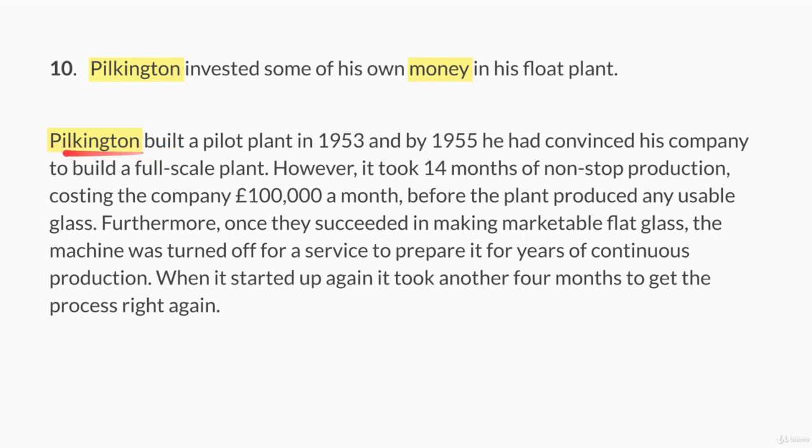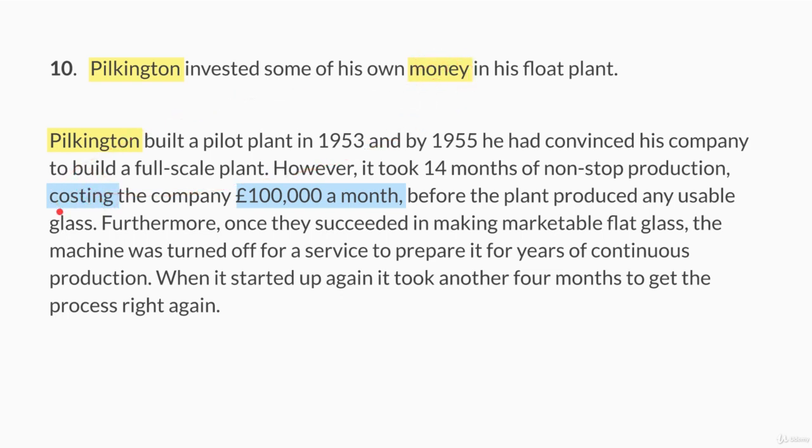So there's our first keyword. Let's see if we can find anything else. You'll see that down here it says costing, and it also mentions money in terms of numbers, £100,000 per month. That right there is also part of our keyword because we were looking for money.